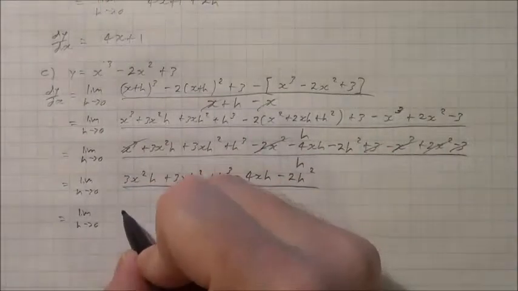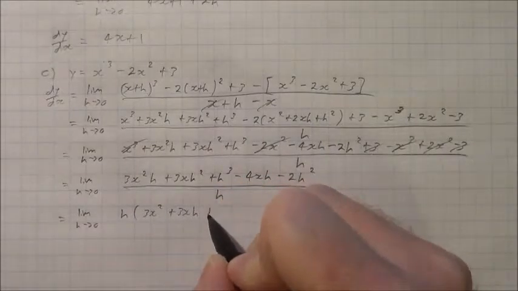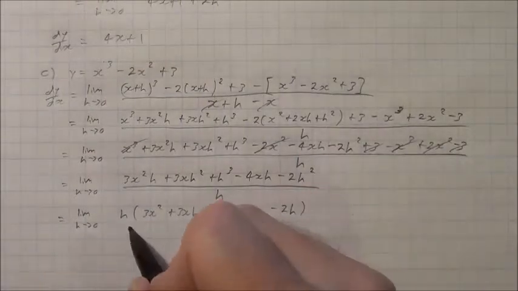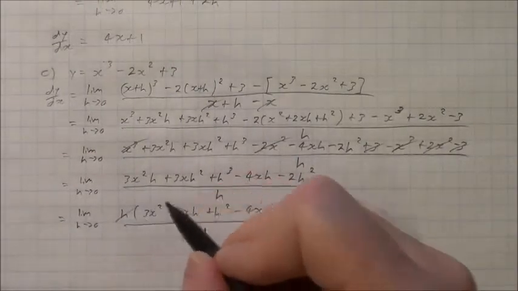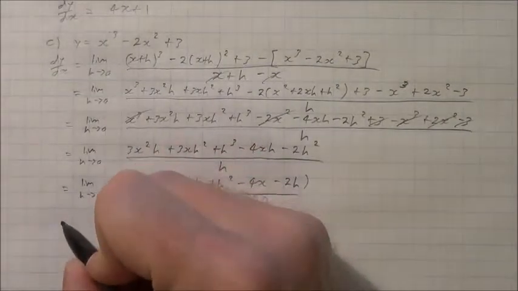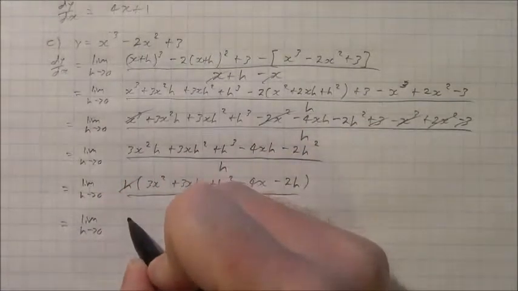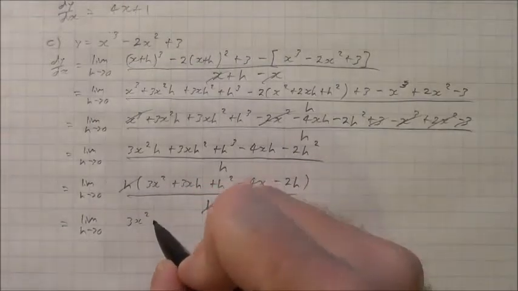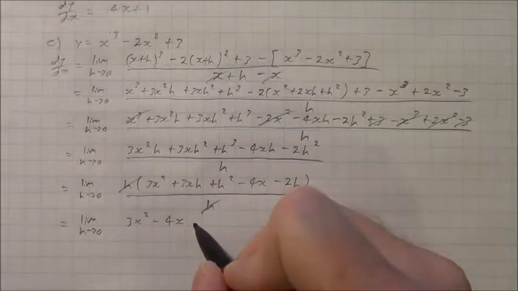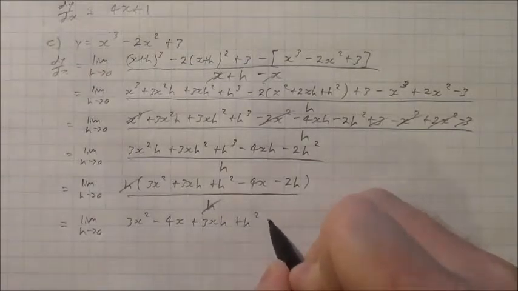And then I'll factor out an h, 3x squared plus 3xh plus h squared minus 4x minus 2h all over h. The h is cancelled. And then we're left with 3x squared minus 4x plus 3xh plus h squared minus 2h.